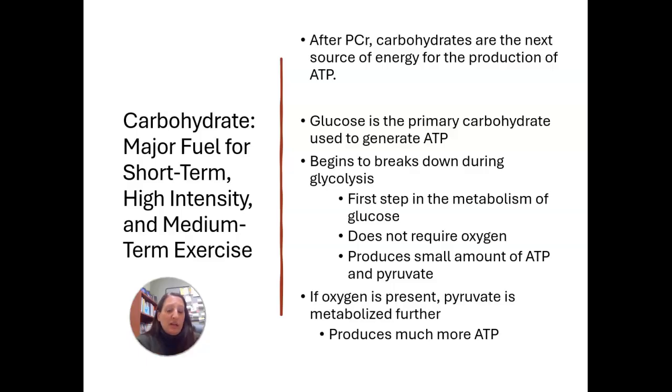If oxygen is present, pyruvate goes into the mitochondria, and it's going to be metabolized farther to produce much higher levels of ATP, around 28 molecules of ATP. So carbohydrates are going to be the major fuel for short-term high intensity and medium-term, medium intensity exercises.